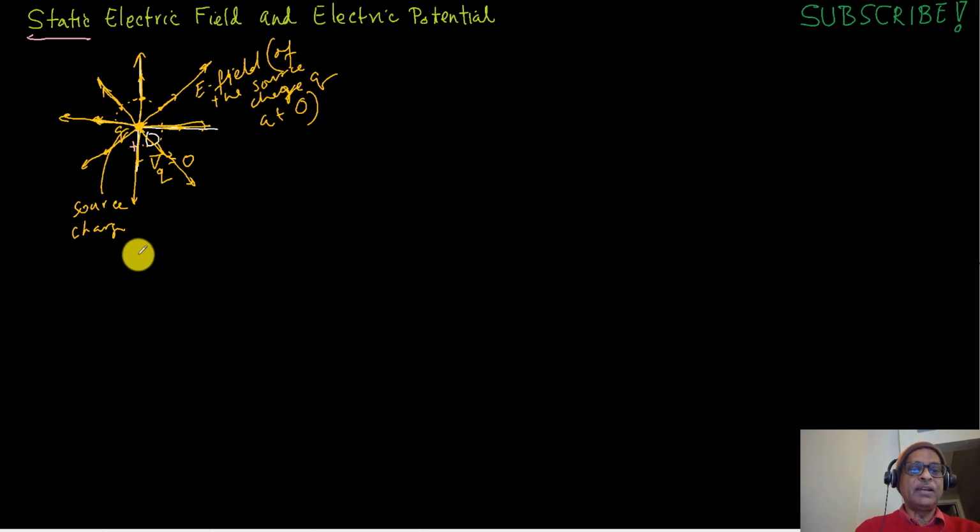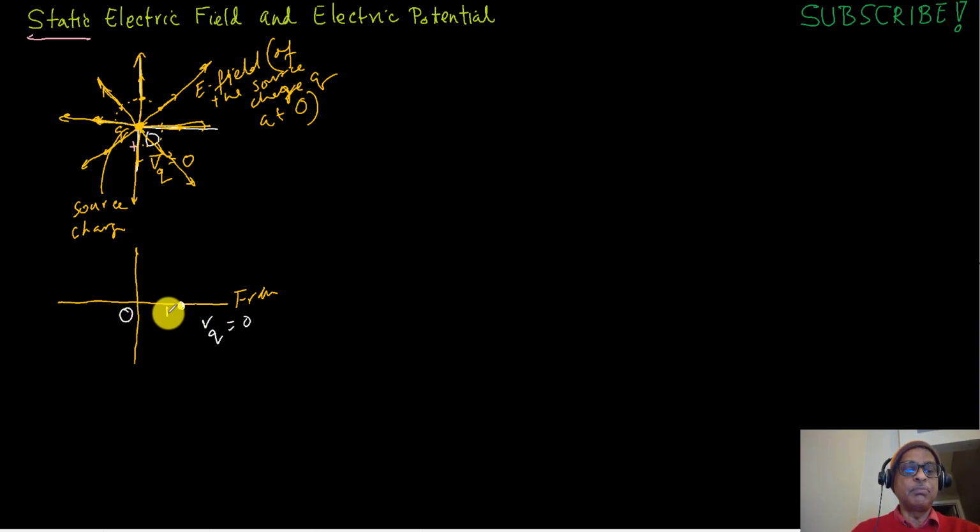Now, if this is my frame, and the charge was over here, and V of the charge is equal to 0, this doesn't have to be at the origin.